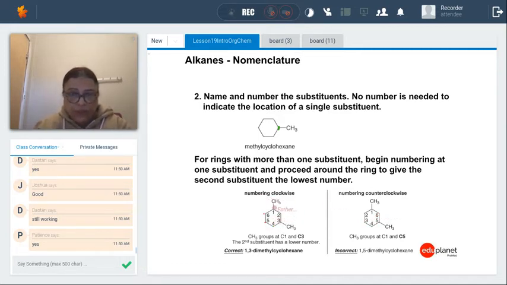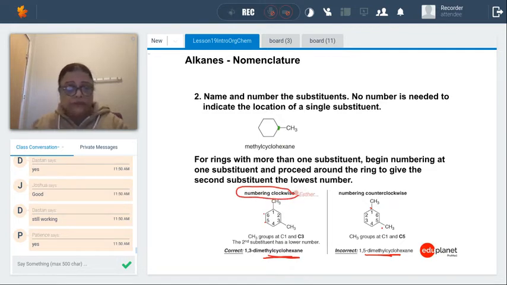So this would be 1,3-dimethyl cyclohexane. 1,3-dimethyl cyclohexane. Capiche? And not 1,5-dimethyl cyclohexane. So I number in this case clockwise. I don't always do clockwise. I always have to look at the smallest possible combination. So far, so good?